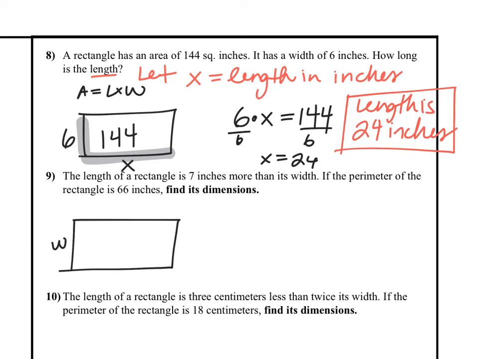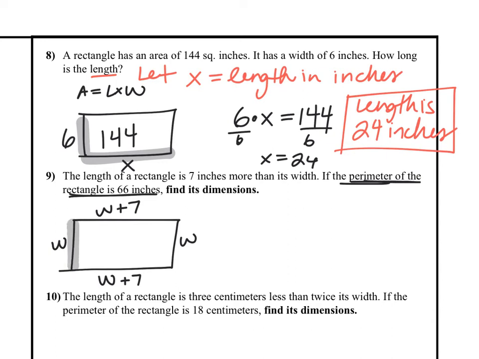So we don't know the width, but we do know that the length is 7 more than that. So we'll add 7 for our length. If the perimeter of the rectangle is 66, so that is adding up all 4 sides. Remember, we need all 4, so I would label all 4. And now add them together.